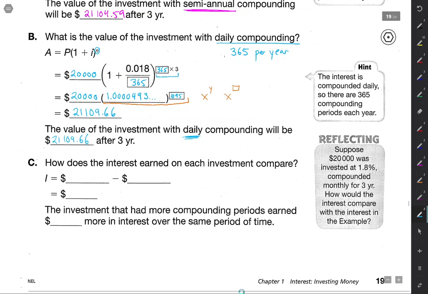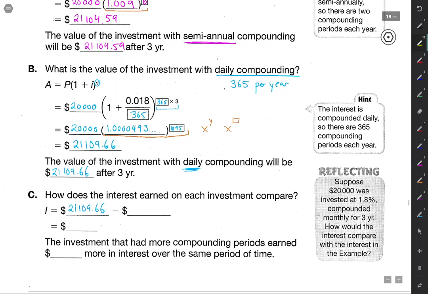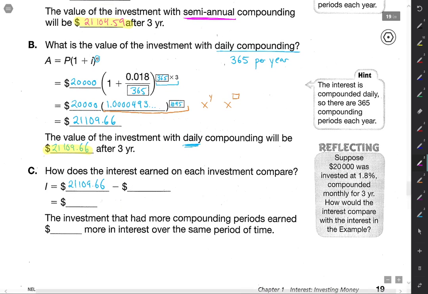So how does the interest earned on each investment compare? Let's take the bigger amount we had, which was the 21,109, the one we just calculated, and 66 cents. And let's subtract that smaller number we got from the first part. Because if you compare these two, and here I'll highlight them so you can see, the pink one was a smaller amount, but just slightly. So let's calculate how much smaller it was.